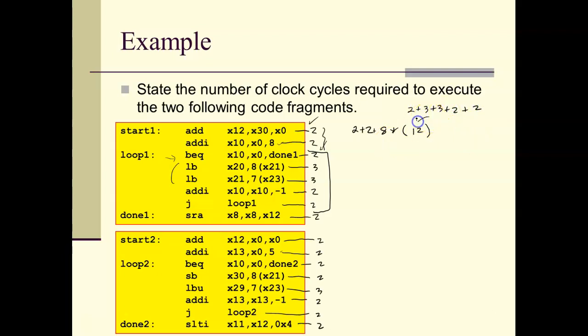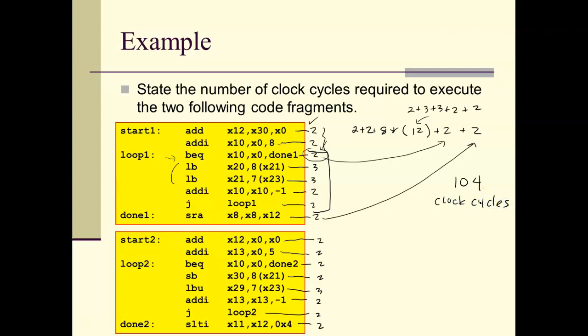Okay, so that's the 12 for the loop. Now on the 9th time through, it's not going to go through the loop, but it will get this instruction here. It will take the branch and go down to this one right here. I can sum those up. 8 times 12 is 96, plus 4 is 100, and I'll say 104. 104 clock cycles.